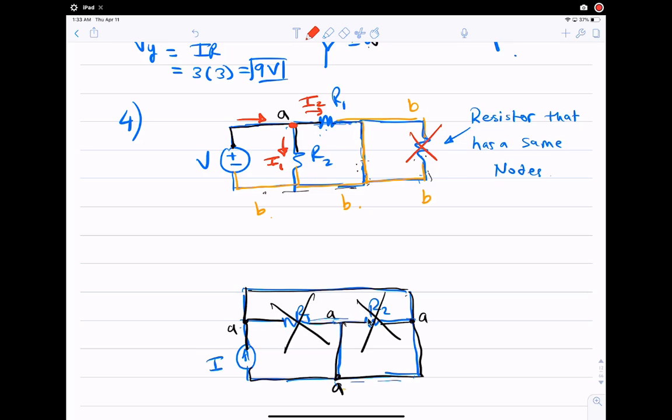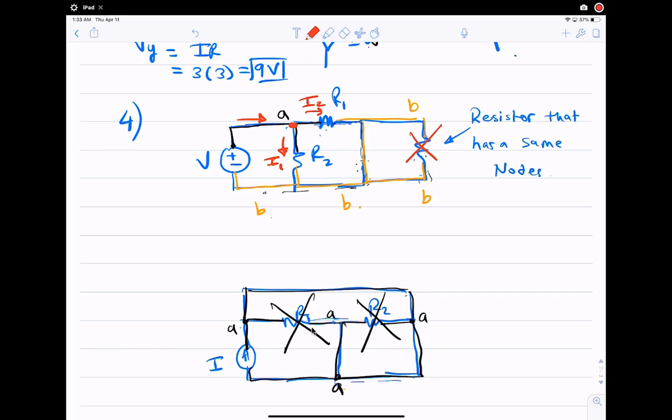This resistor has AA, then you can delete it. So all the current would move here, would rather go through the short circuit and continue through the short circuit and come back instead of going through a resistance. The resistance is like a struggle for the current, you know. It would rather go through the short circuit, the easier path, than going through any resistance.